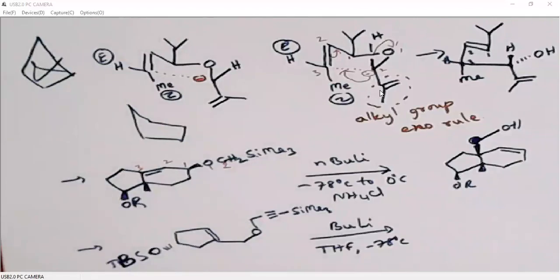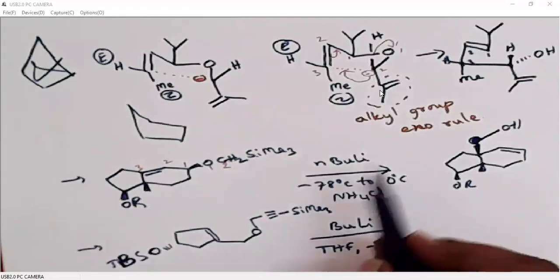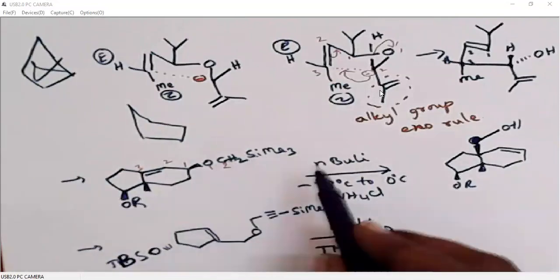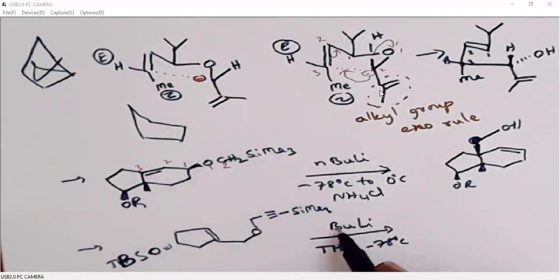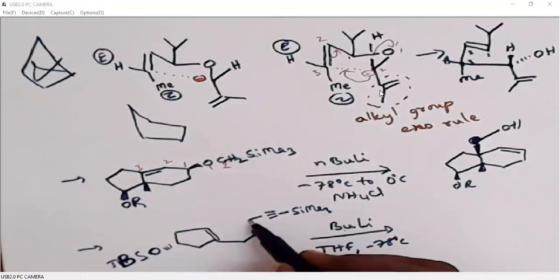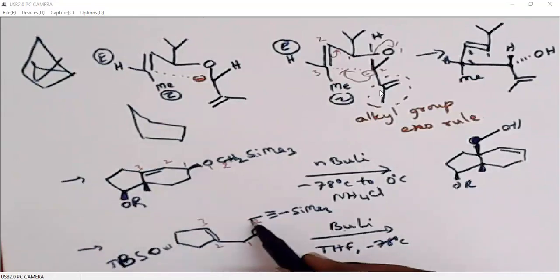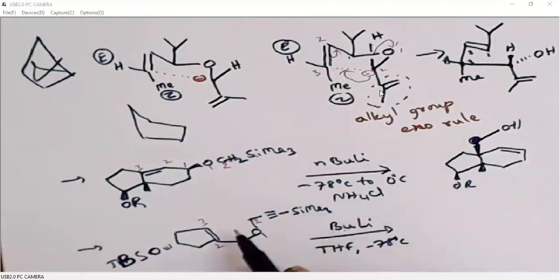In the previous case, we said butyl anion will attack on silicon so that it generates CH2 minus. But in this case, it will not attack on silicon. Instead, it will attack on the propargylic system. When we go for numbering 1, 2, 3, it generates an anion here. Butyl lithium will pick up this proton, so it generates an anion here. It will not attack here. So what we are getting is a propargyl anion.